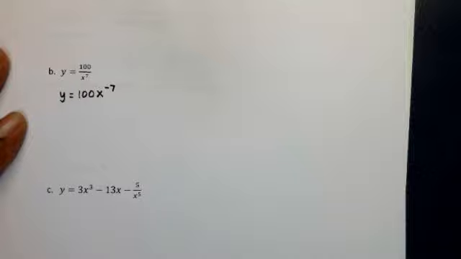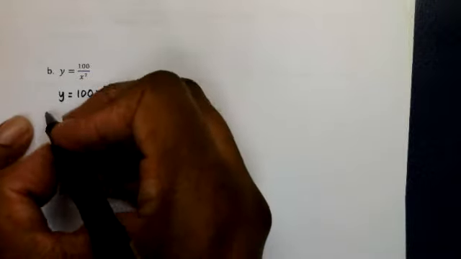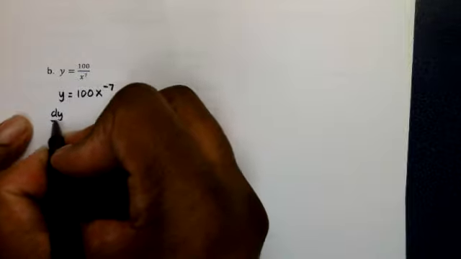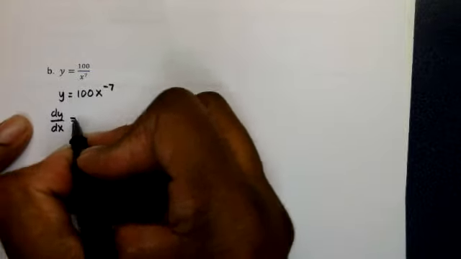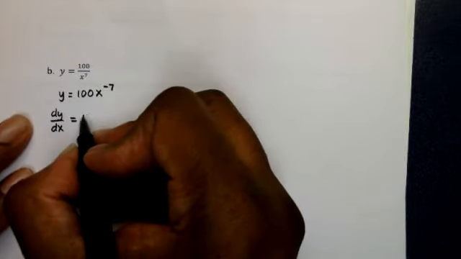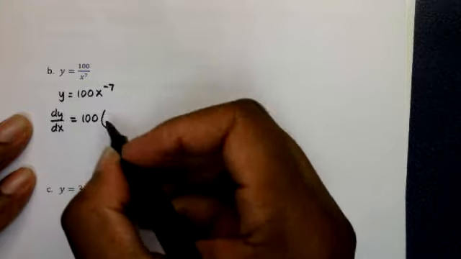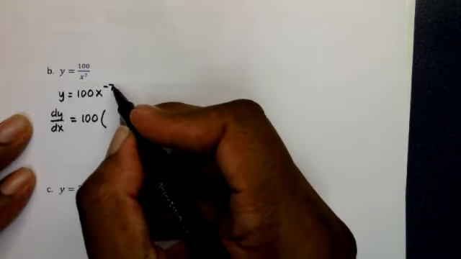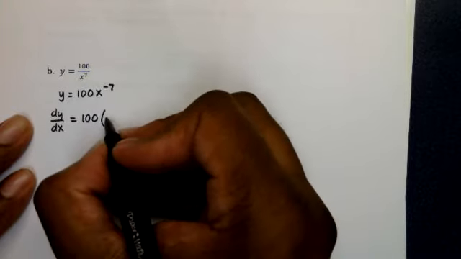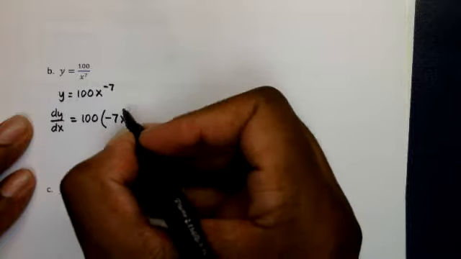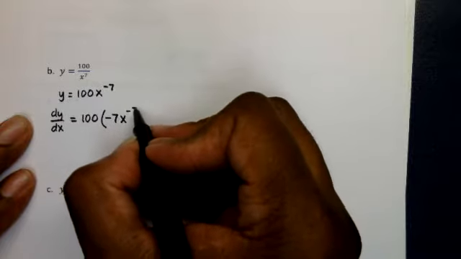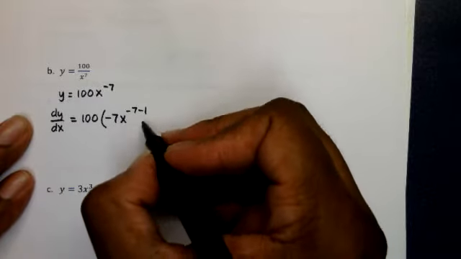Now I can use that extended power rule to take the derivative of this function. So here dy dx, or y prime, doesn't matter. Bring down the 100. Let's take the derivative of x to the negative 7. Here we pull the negative 7 in front of the x, copy over the x. That would be to the negative 7 minus 1.